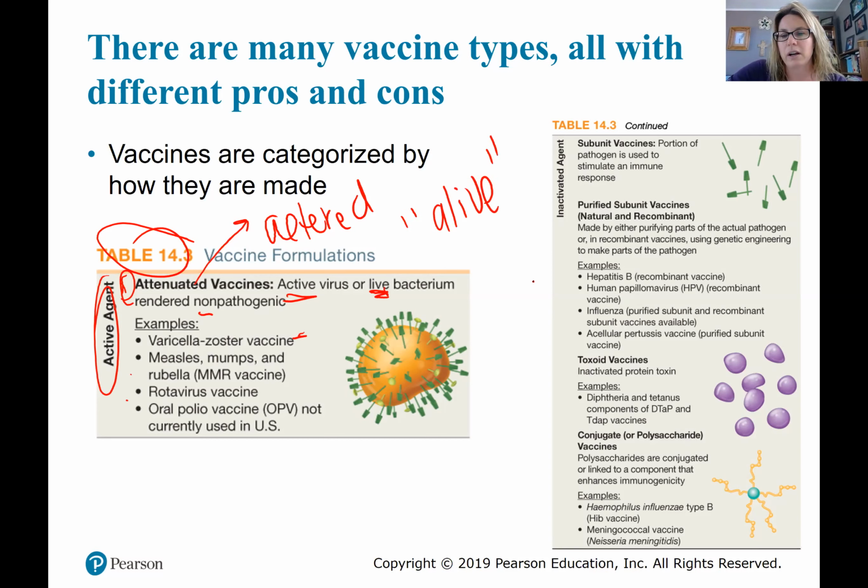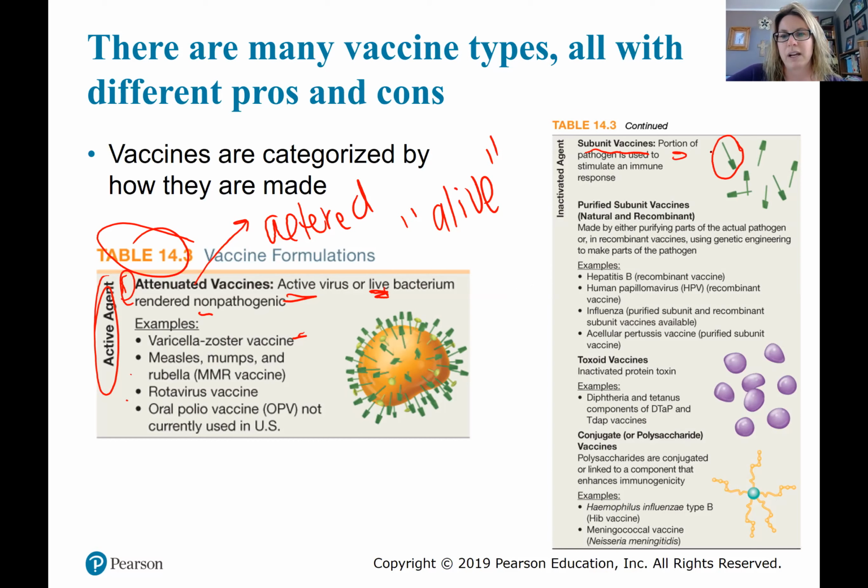And then over here on this side, these are the inactivated or the killed. Some of them are killed. Some of them are just portions of the virus or bacteria. These are not the actual bacteria themselves. So there are subunit vaccines, which are just a piece of the pathogen, like maybe one of those protein spikes on the outside of the virus, or a piece of the flagella, or a piece of the capsule, just a piece that's been harvested.